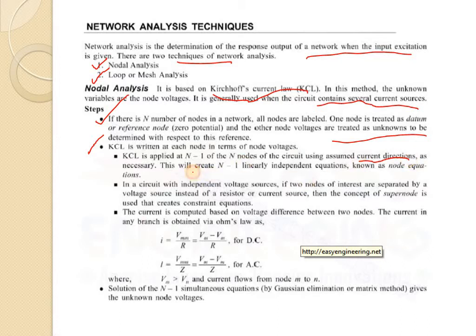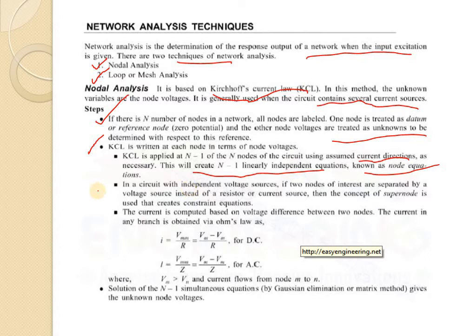This will create n-1 linearly independent equations, which are known as node equations. That means by using the current directions and applying Kirchhoff's current law at different nodes, we can form different equations. By solving those equations mathematically, we can calculate the different node voltages.